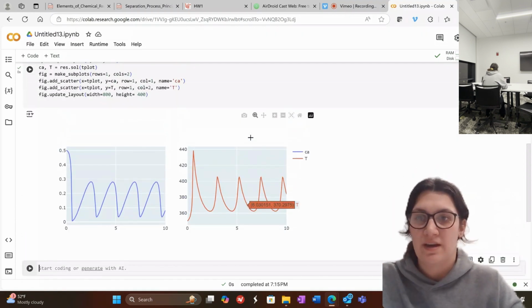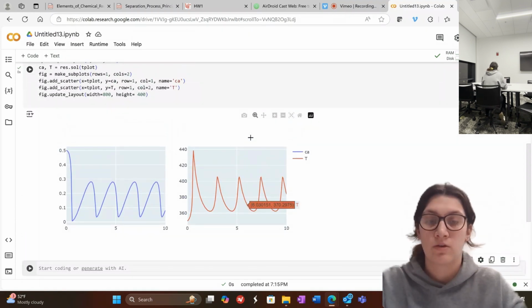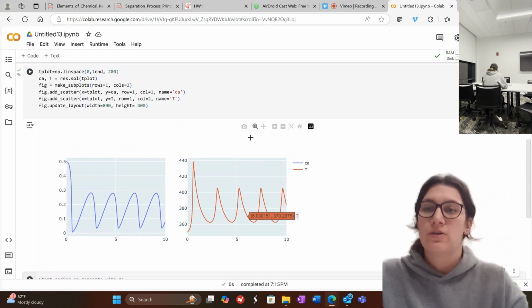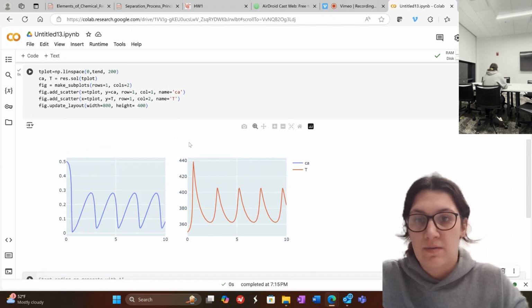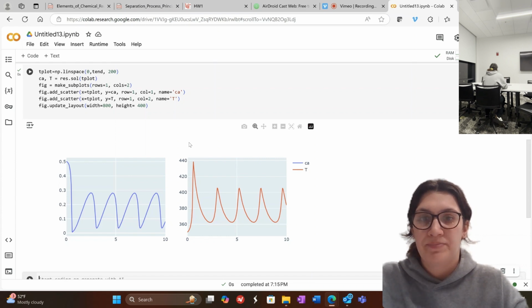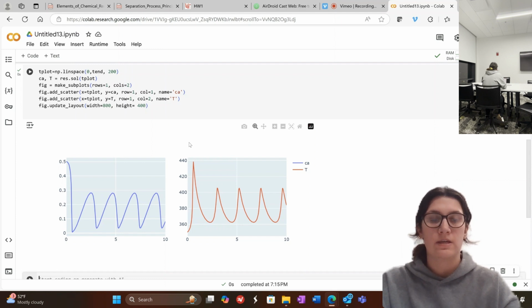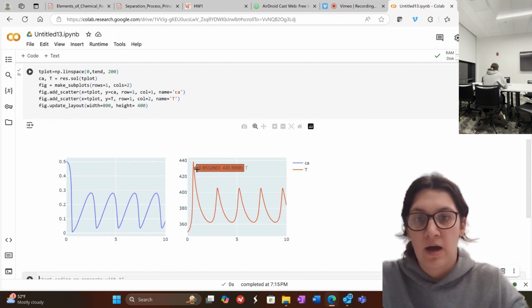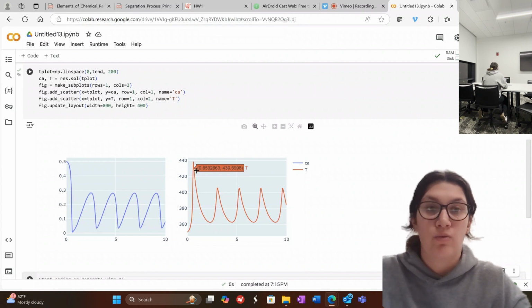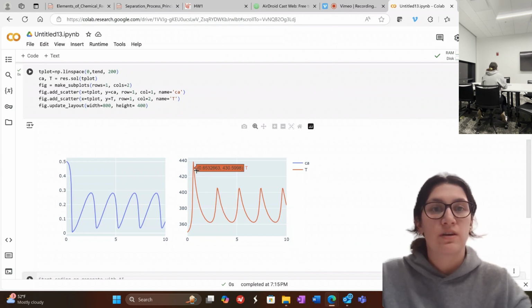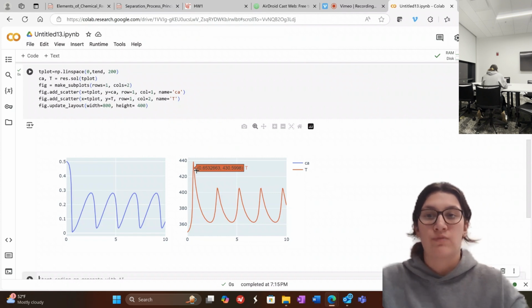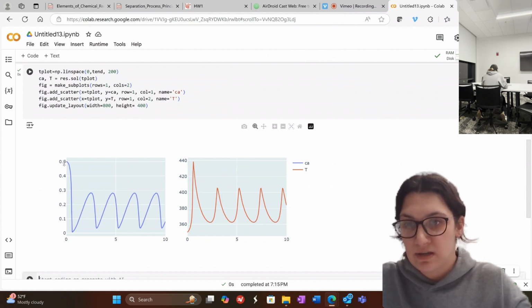And there we go, we have our plots. Clearly there are some oscillations here, and this is because as we decrease cooling, the temperature in the reactor spikes up. This causes the rate of reaction to increase, which means that more and more of your reactant is being consumed, which we can see here as the concentration goes down.